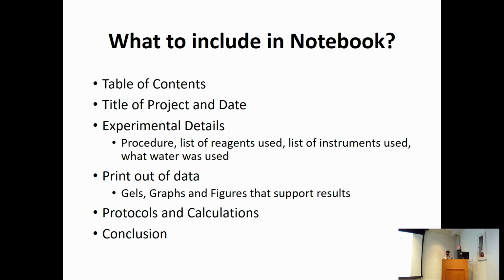Why do you think the table of contents is very important? The two major things I can come up with: first, if someone asks, hey Dan, do you know how to prepare this protein? I don't need to go through all the pages to find it. If I have it in the table of contents, I can say, oh, here it is.